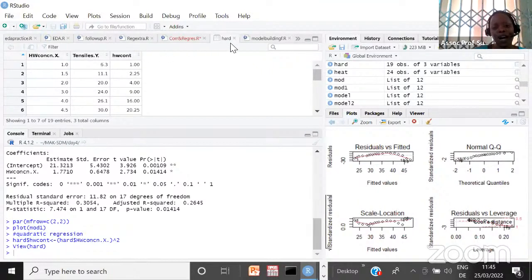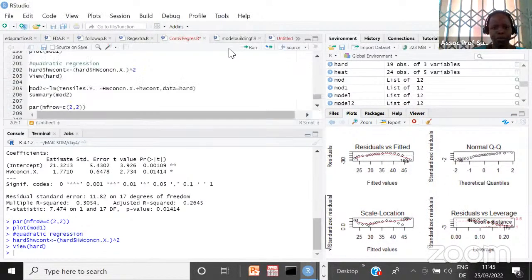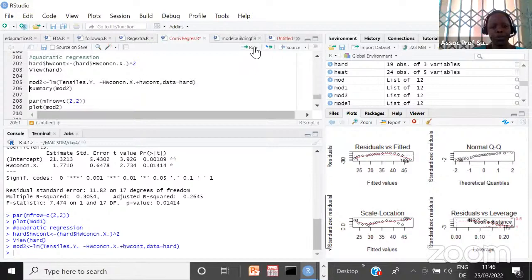So let's now run a regression equation. The object name is model 2, linear association between tensile strength, hardwood concentration, and then hardwood squared. So we run our model.